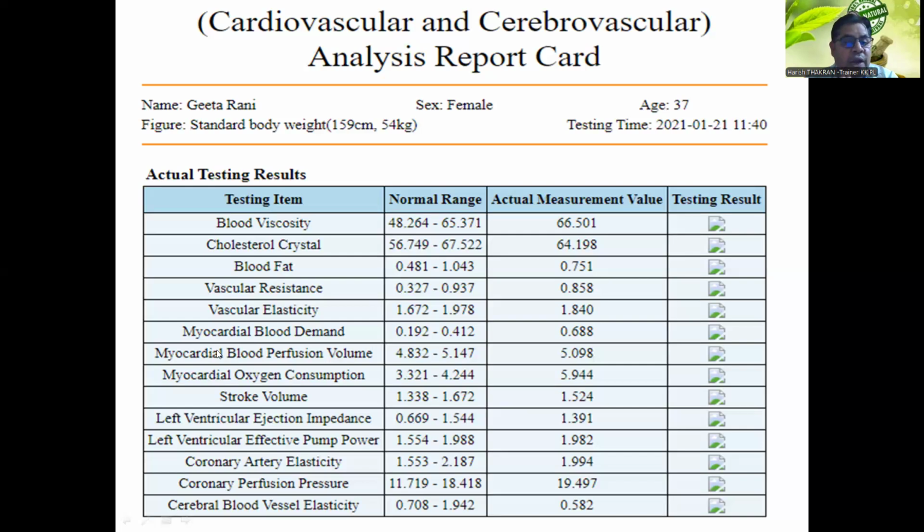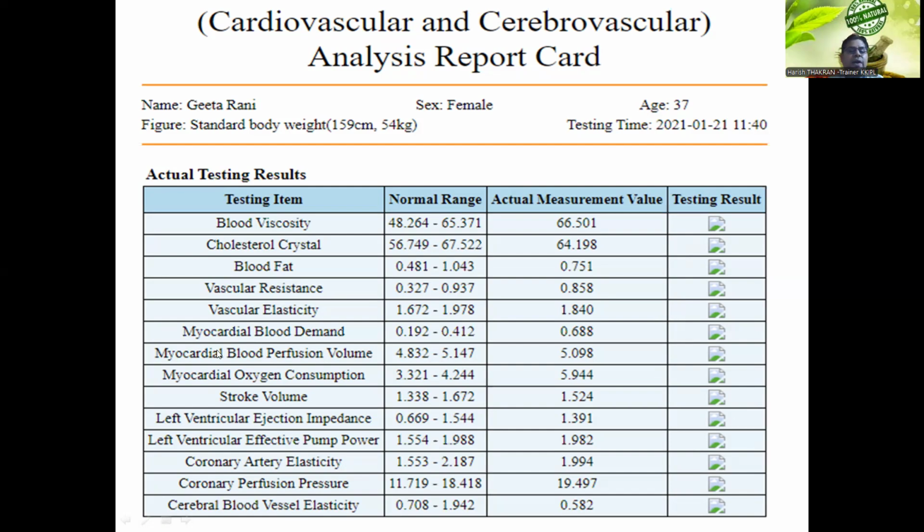And if blood perfusion volume is on the lower side, it means your heart is getting less blood, and eventually that leads to problems. If it is normal, that is okay. But if it is on the higher side, that means your heart is working in a much better way.